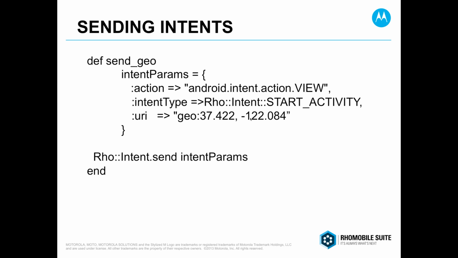If you send that from your RhoMobile app, you will have an app respond on your Android device. Likely it will be the stock Android mapping app, and you will see the map come up with that latitude. It happens to be the Google headquarters.